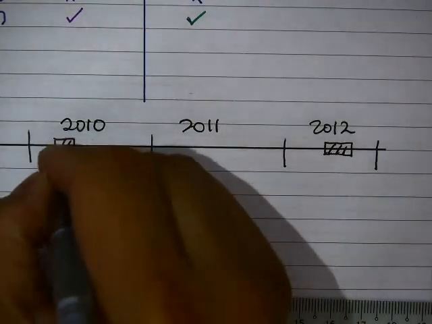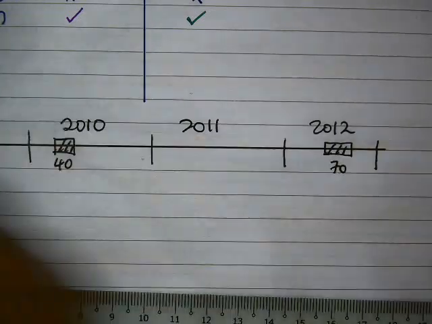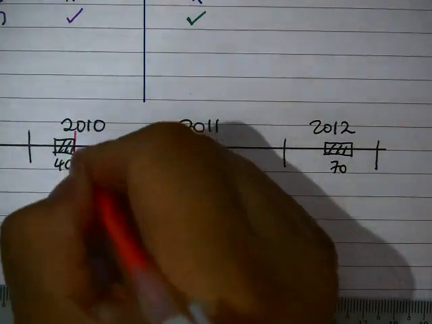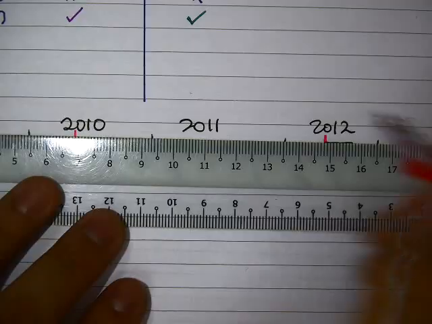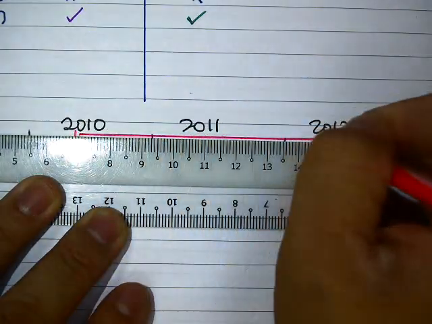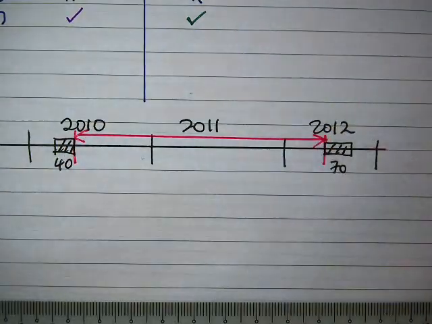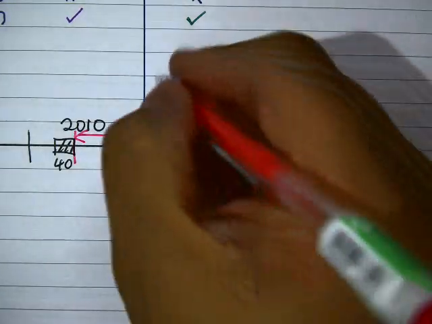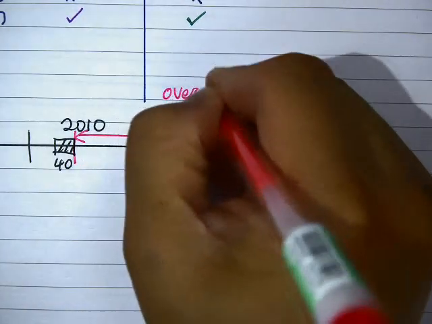So let's say we have 40 days, 70 days, and throughout the period from 2010 all the way to 2012, this period we highlight over here. Now let's say you are overseas.